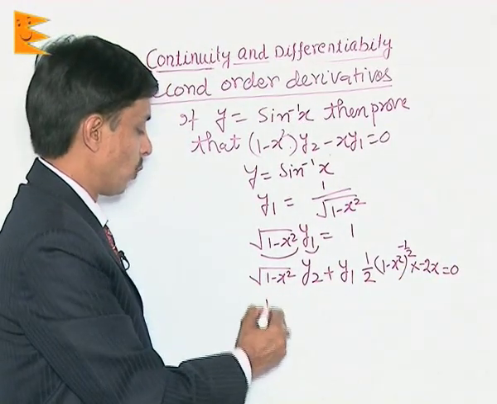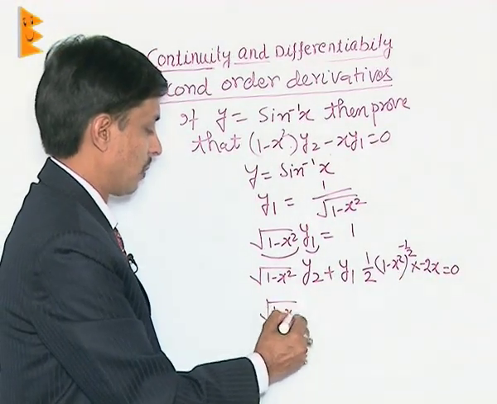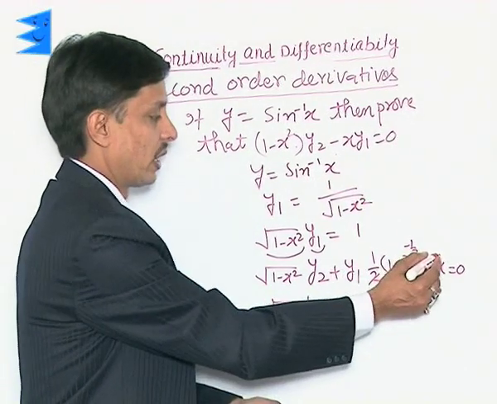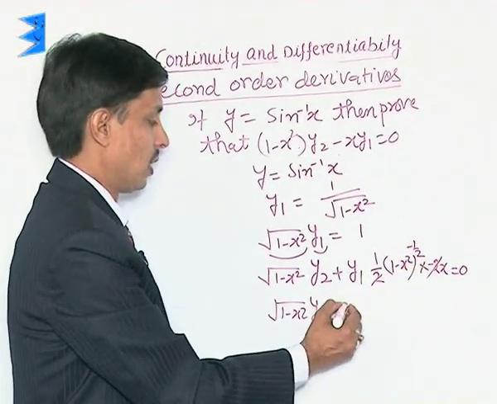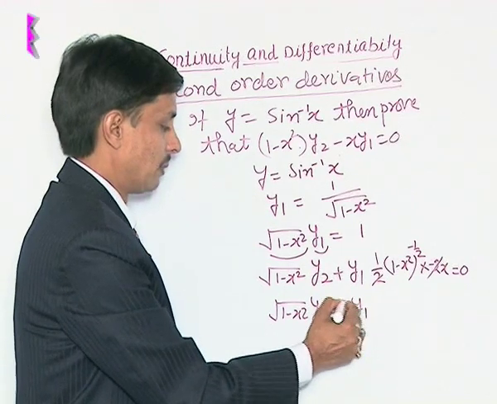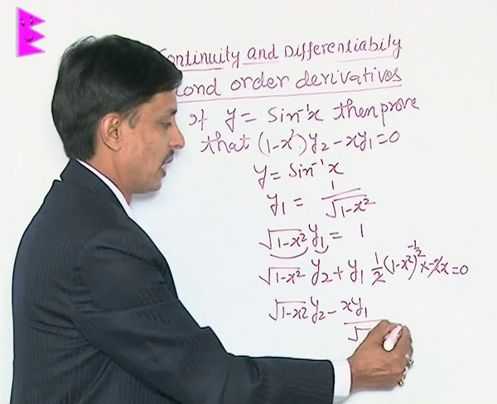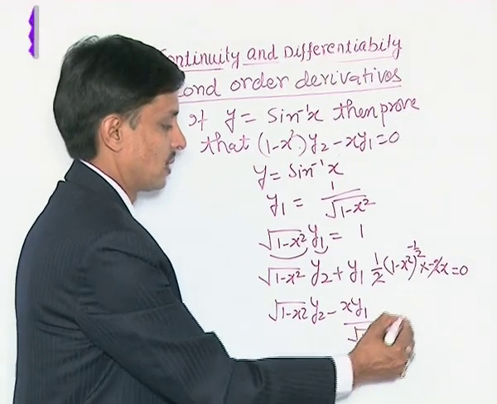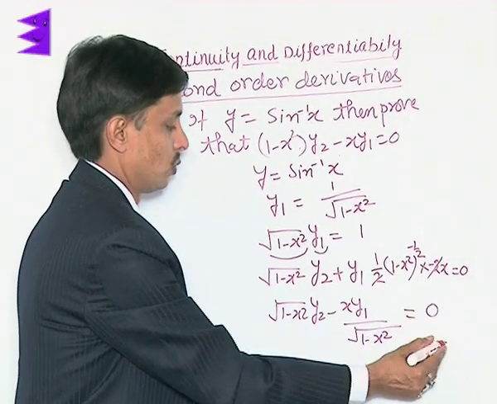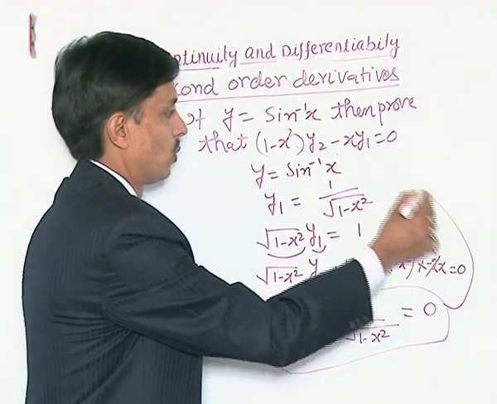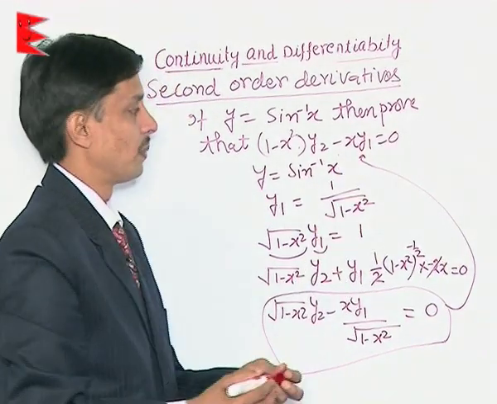So by doing so we are getting root of 1 minus x square y2, then we can say 2 and 2 get cancelled. This leaves negative x y1 divided by root of 1 minus x square is equal to 0. This is the required result which we would like to show as desired in the problem.